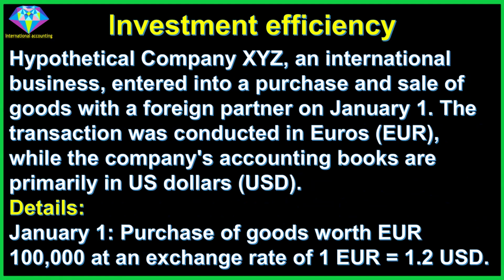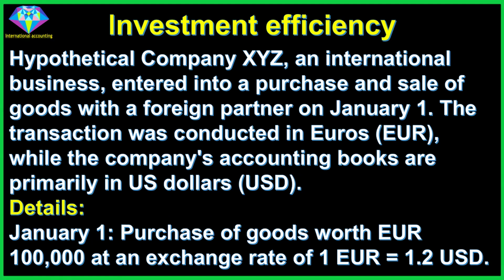Number 5. Hypothetical company XYZ, an international business, entered into a purchase and sale of goods with a foreign partner on January 1. The transaction was conducted in euros, EUR, while the company's accounting books are primarily in US dollars, USD.